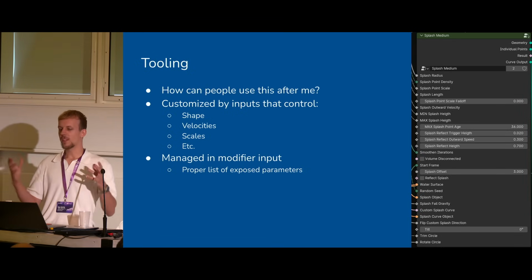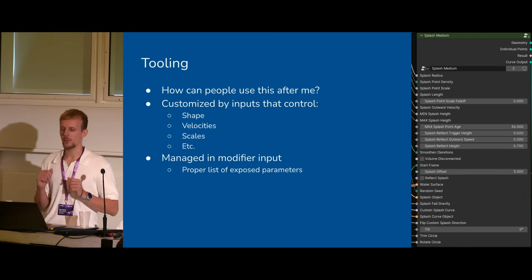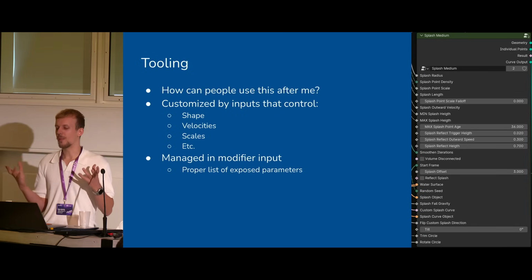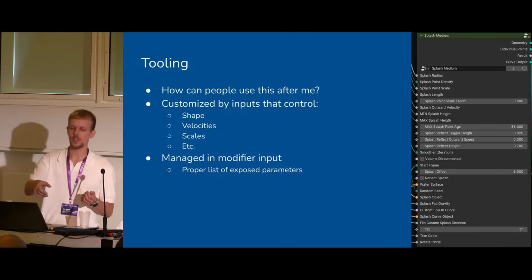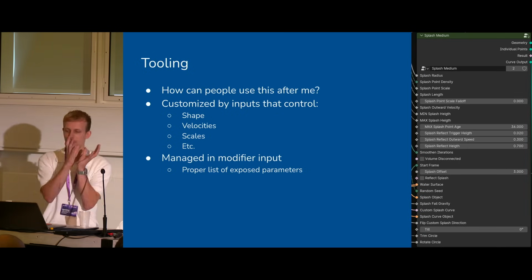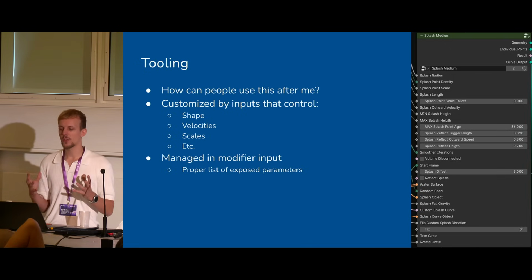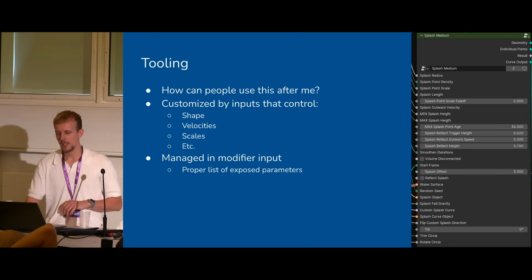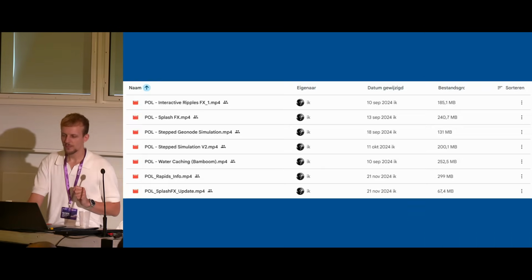So there are some customized inputs in, of course, the modifier panel for that, right? You can expose all the variables that you want, and that includes, for example, in this case, the shape, right? You can create a custom shape with just a guide curve, and that will create your splash. You can set your custom velocities, you can set your custom scales, and so forth. So this is all managed in that modifier input.